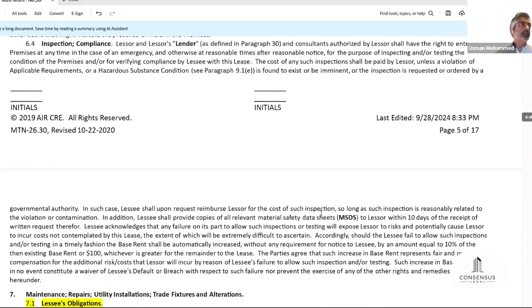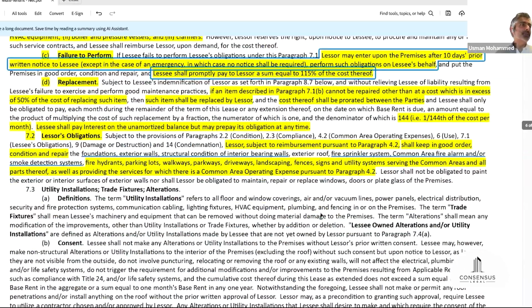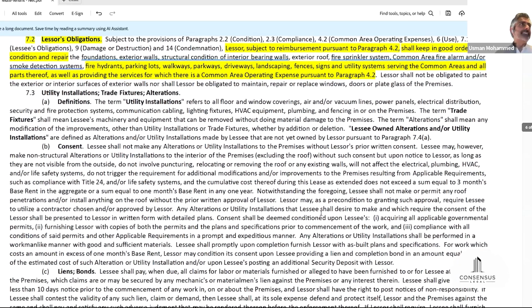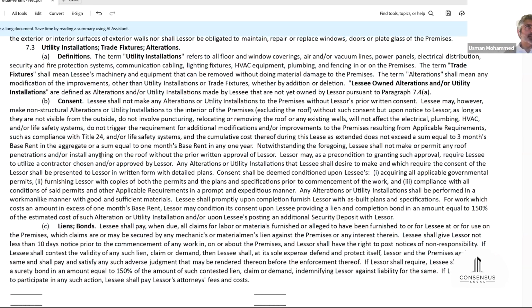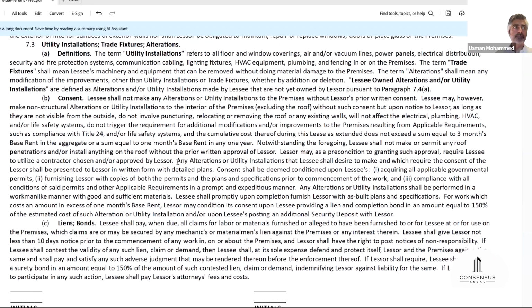And I'm going to go to, hopefully I can find it in short order, at least one of the exceptions. I think in 7.3 relating to alterations.